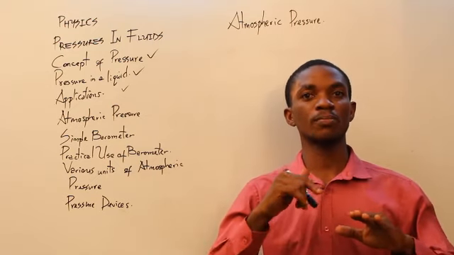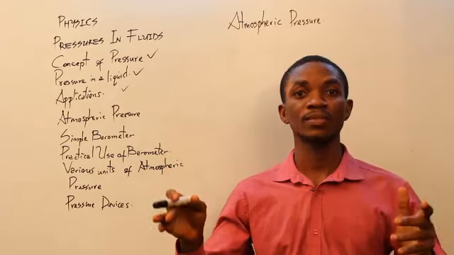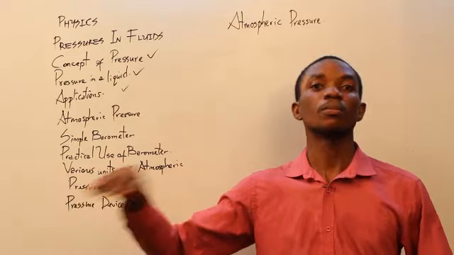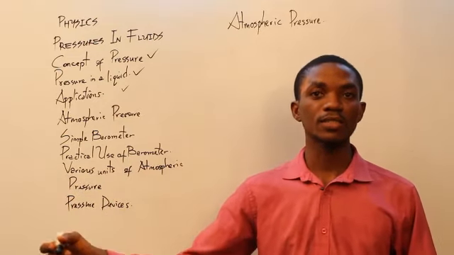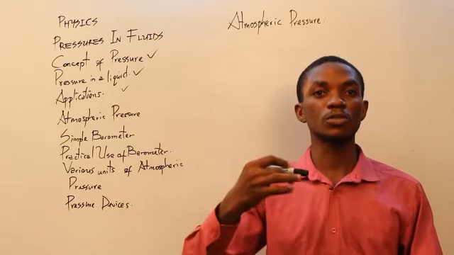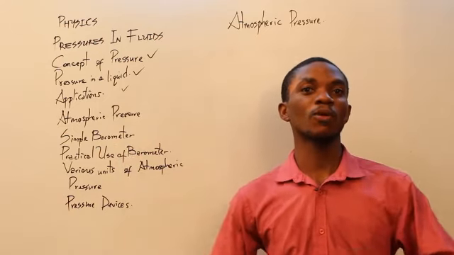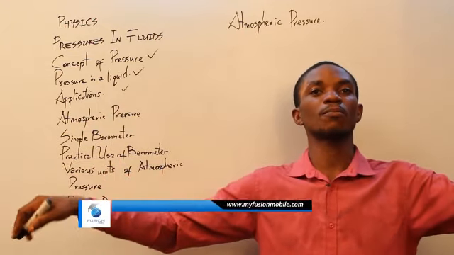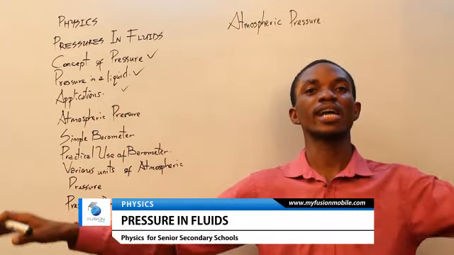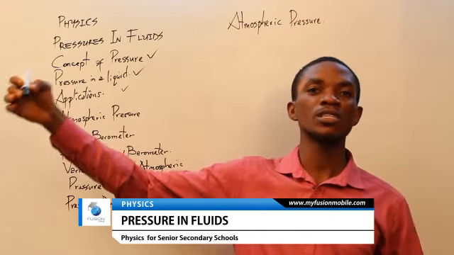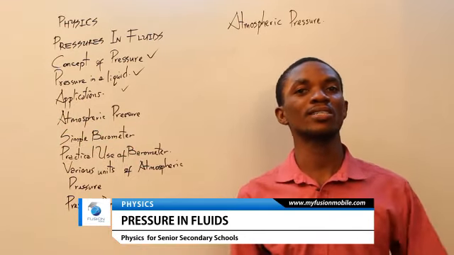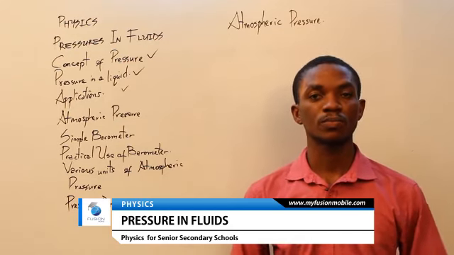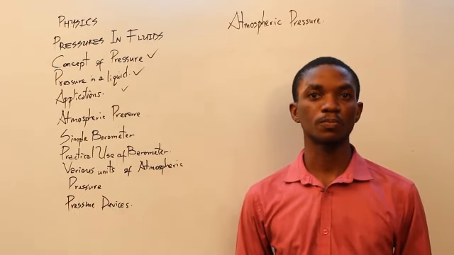If it is in air, if the ground level is equal, the pressure will be equal at both sides. Let's say you are on a particular mountain and I'm on another mountain in another location, but we are at the same altitude, the mountains are both 300 meters high. The pressure exerted on me where I am will be the same pressure exerted on you at the location where you are. So that is atmospheric pressure.